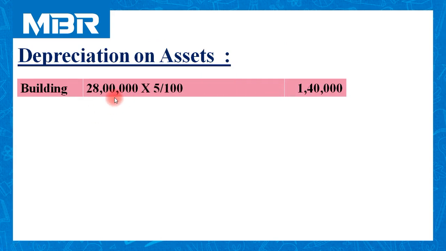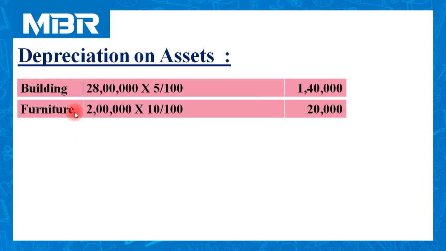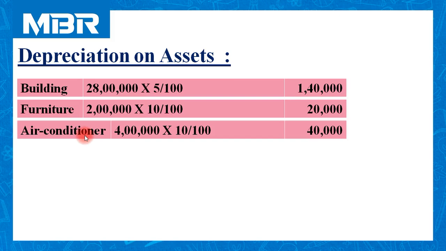Building, the cost of building is 28 lakhs. The rate of depreciation is 5%. So amount of depreciation chargeable on building is rupees 1,40,000. On furniture costing rupees 2 lakhs, 10% depreciation is chargeable. So the amount of depreciation is 20,000. On air conditioner costing rupees 4 lakhs, we have to charge depreciation at the rate of 10%.